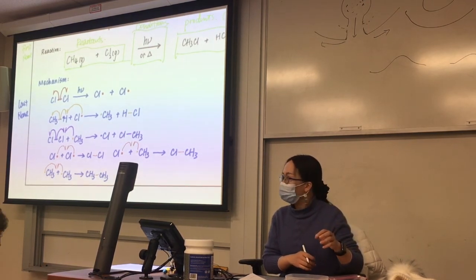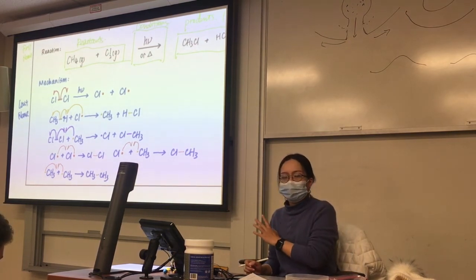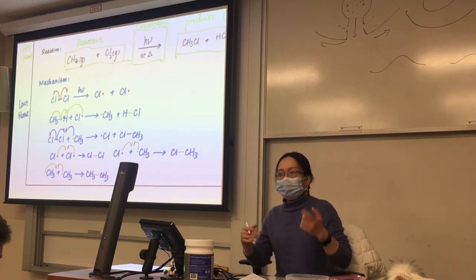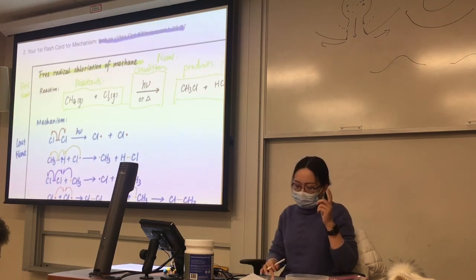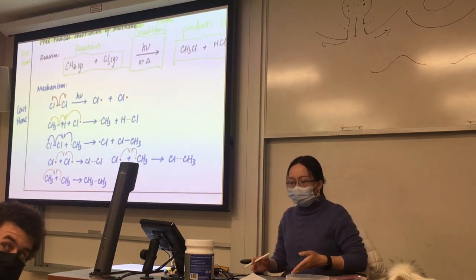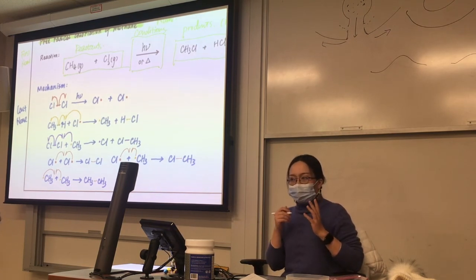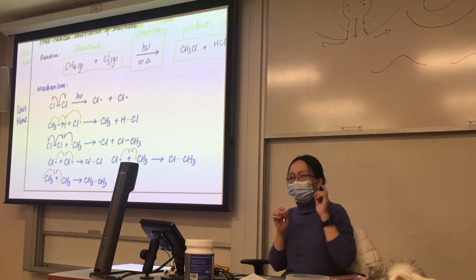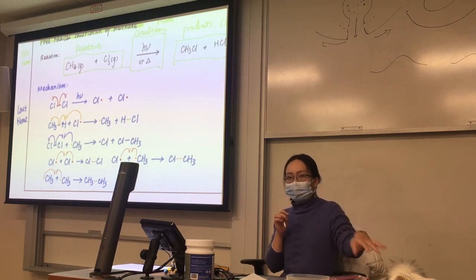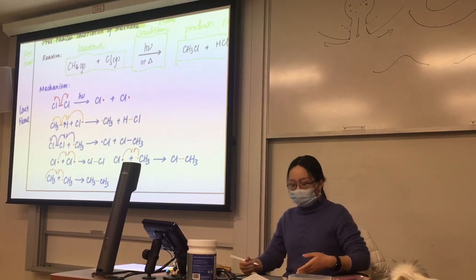Any more questions about this mechanism? I only use one example, which is the example from your lecture slide. If you check the timeline I was showing, she was printing out exactly this. But let's say she puts a mechanism question of exactly the same reaction that she showed on her slide, and you just copy and paste.